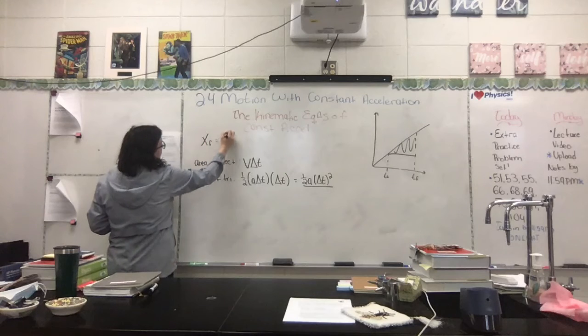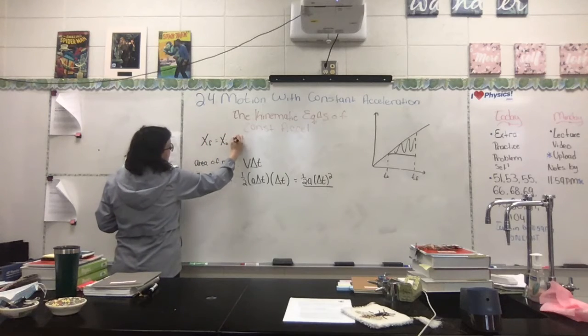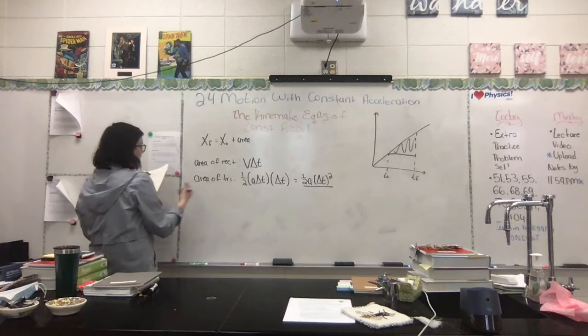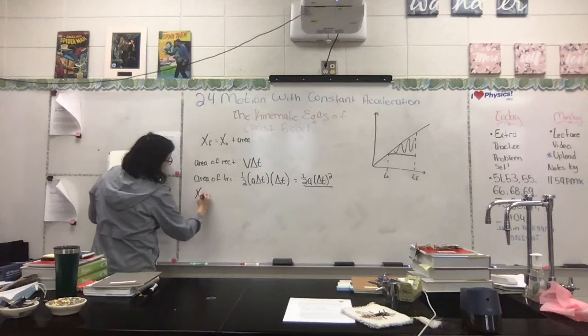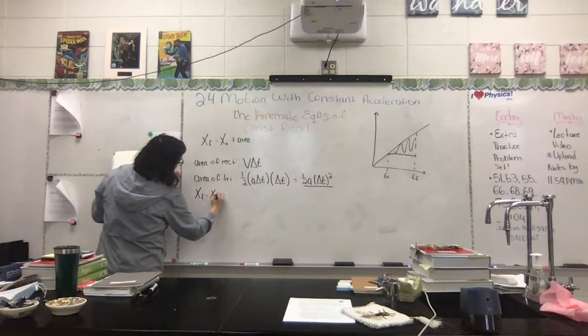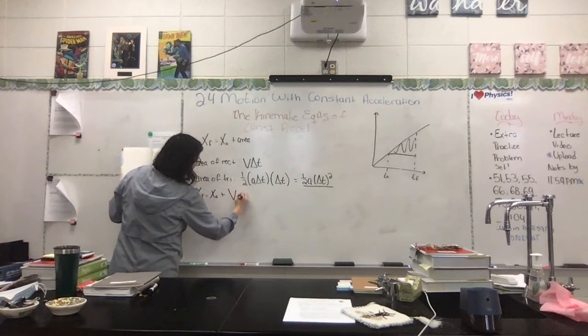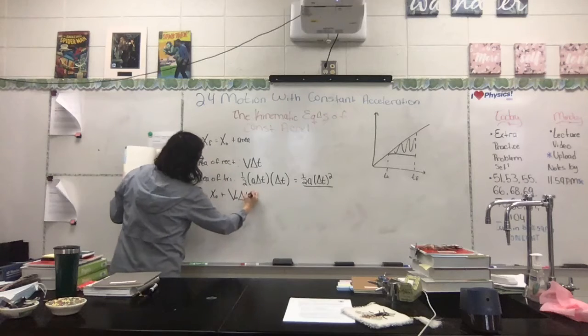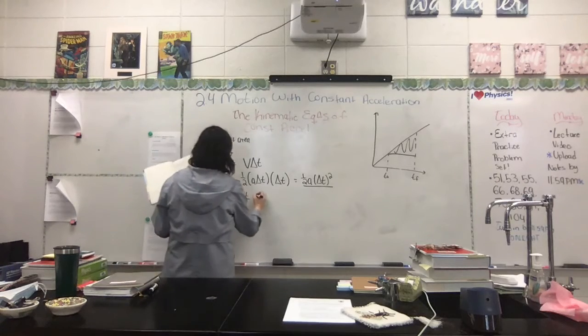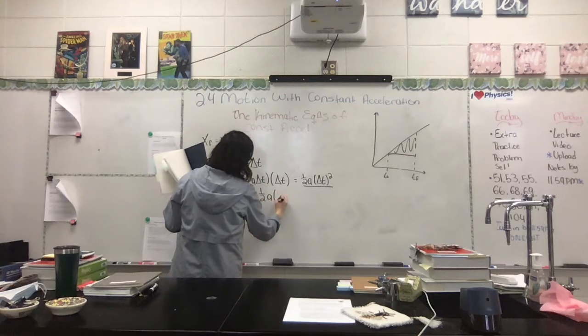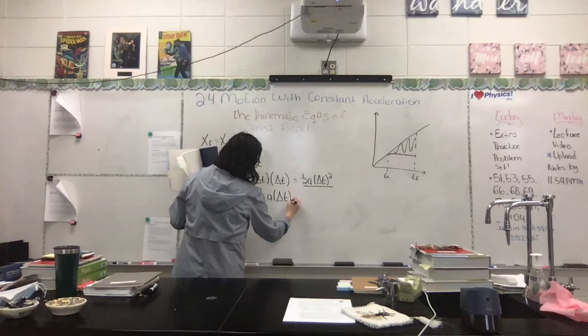So when we have that equation of xf equals x naught plus that area under the curve, we can now write it as xf equals x naught plus our v naught delta t plus 1/2 A delta T squared.